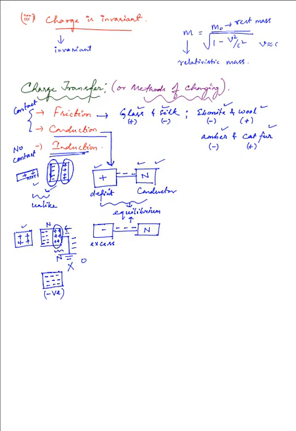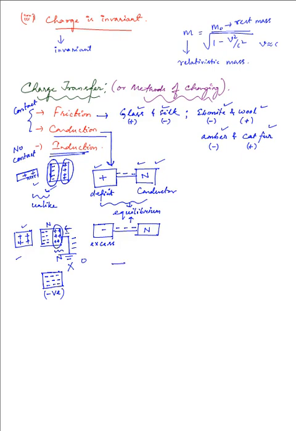And then in the same manner, by induction, you can also permanently provide a positive charge to any conducting material when you bring a negatively charged object in its vicinity, and then you earth it. And in that case, it's the other way around. The excess of electrons that are deposited on the other side are transferred towards the earth.